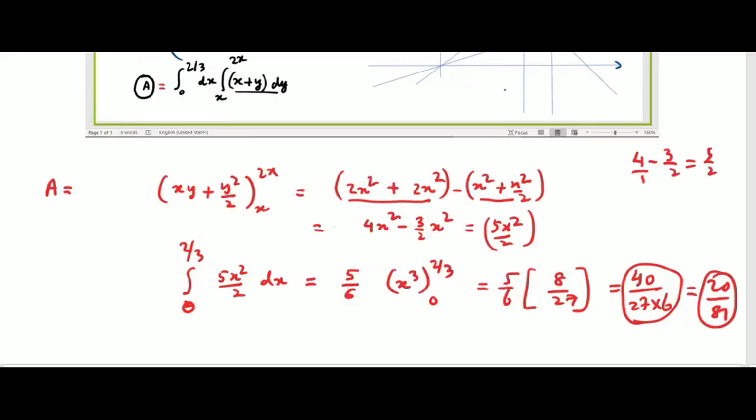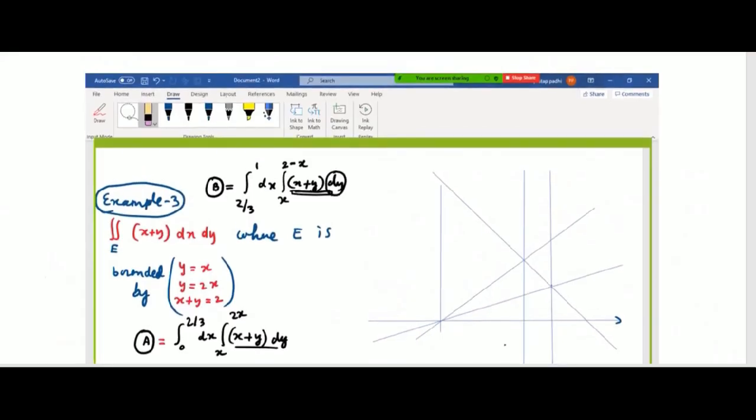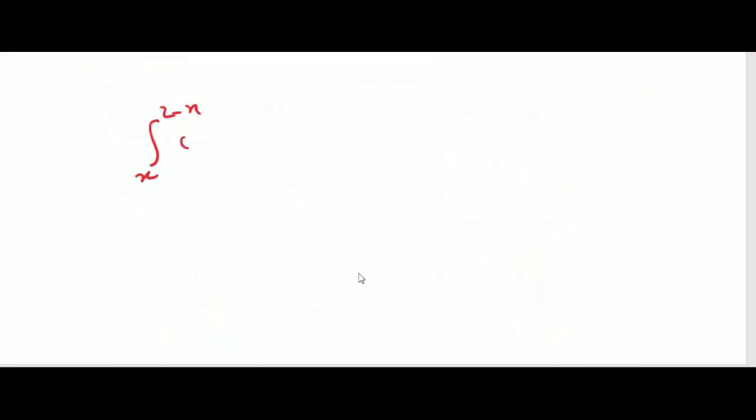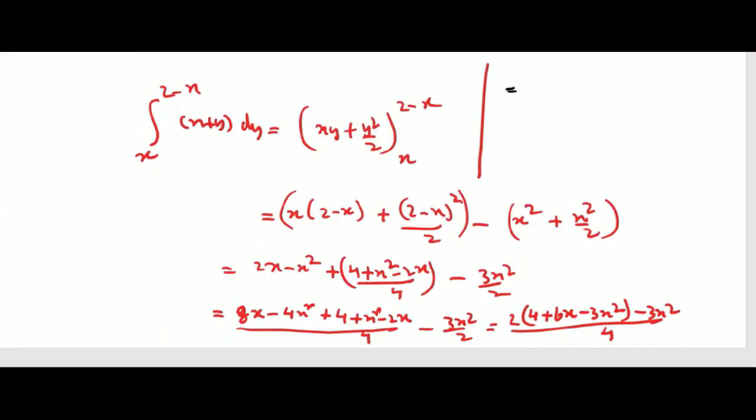Okay. Now let's do B. X to 2 minus x, right? Okay. I got more actually. I got 8 plus 12x. Which one? This one, right? A square 4x plus b square minus 2. Okay, 4x you were saying. All right. Divided by 2. Okay, square is not present here.